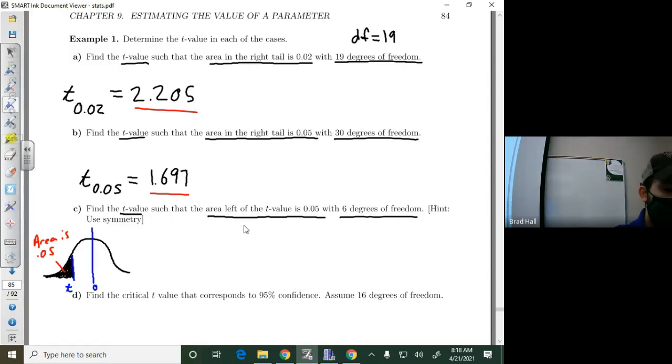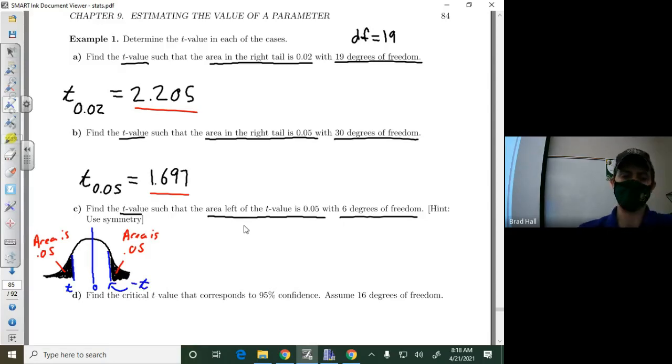So when it says use symmetry, we can look at when the area is 0.05 on the other side, find this value here, and then on the other side, it has to be the negative. So really what we're going to find is negative t.